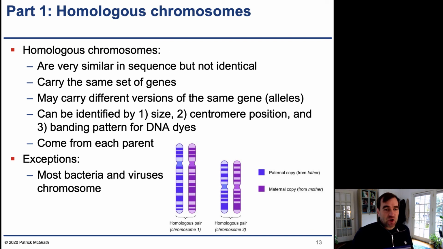So, homologous chromosomes. Remember, sister chromatids are exact matches to each other because they are created by DNA replication. Homologous chromosomes are similar to each other, but they're not identical. So what is a homologous chromosome?